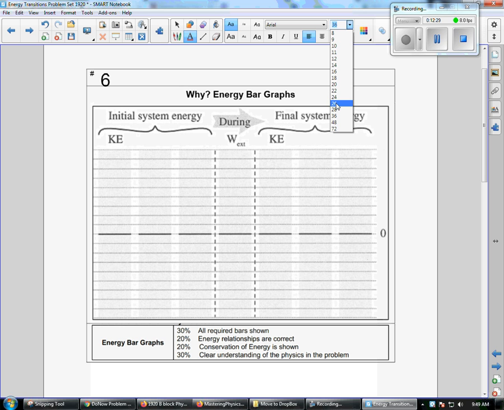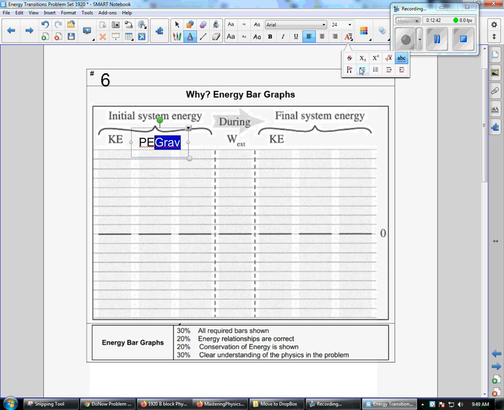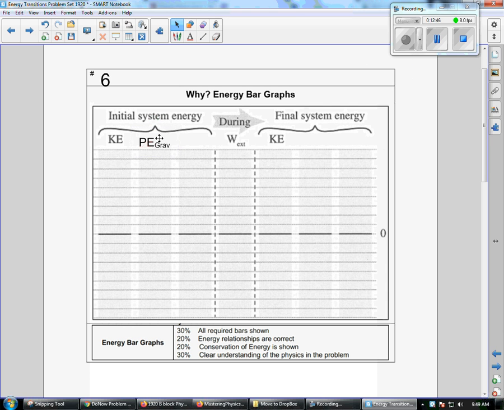We can do a smaller text size this time, maybe. So I'm going to do some PE grab here. Again, no PE spring because I don't see a spring at all in the problem.